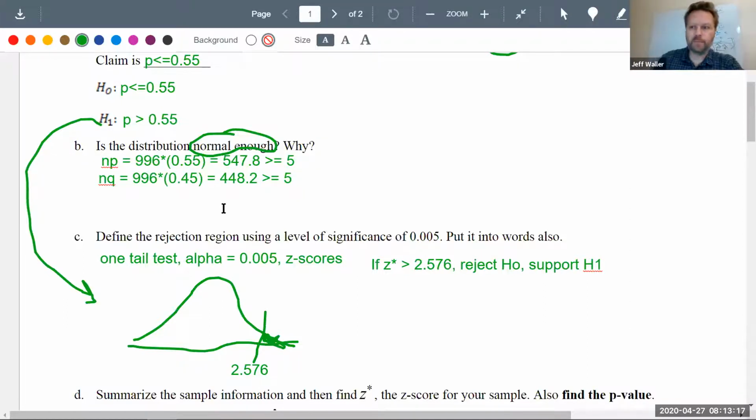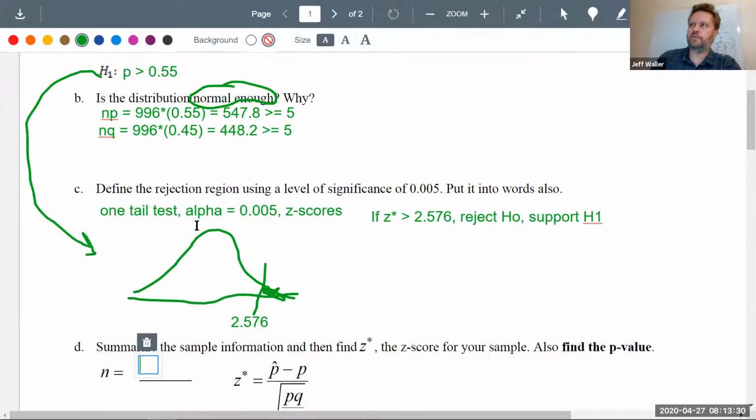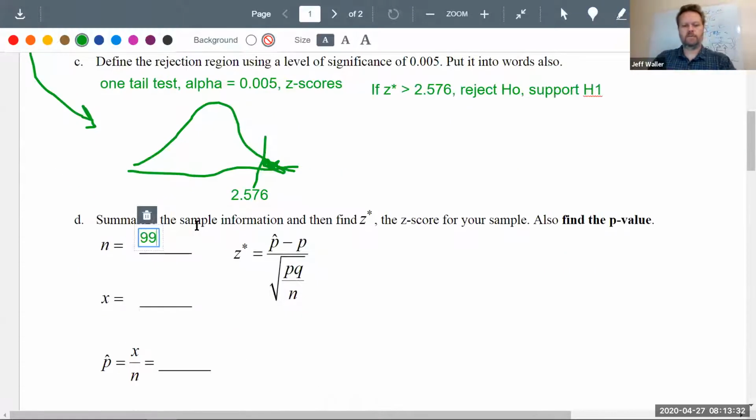And then the next step is, did I get enough evidence? So I'm being very nice here. There's the Z star formula that I showed you earlier. Let's make sure we can all get the same stuff. N we already knew was 996. Can anybody tell me what X is for this problem?